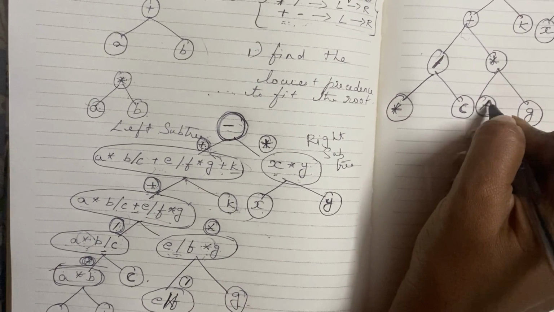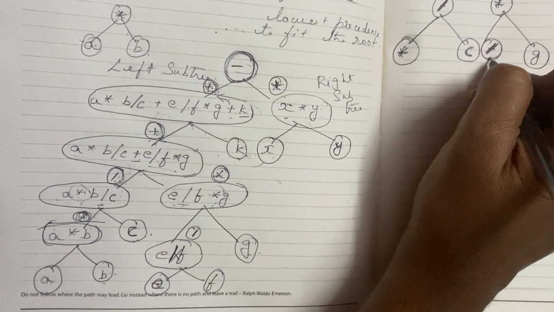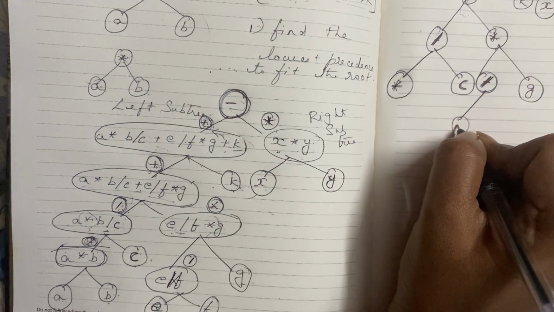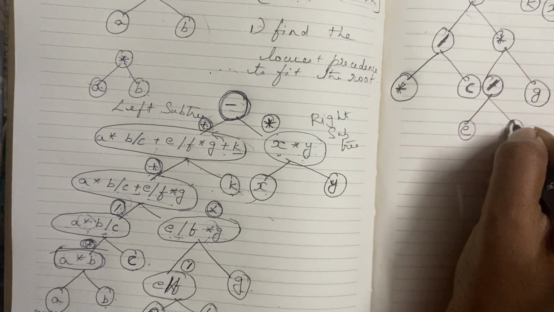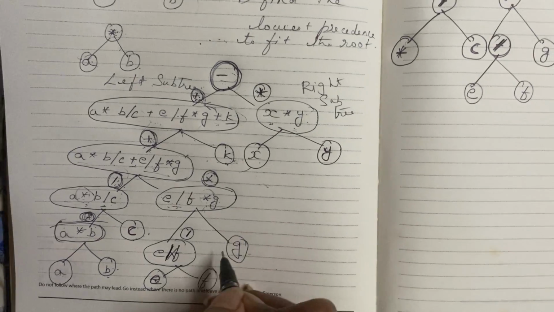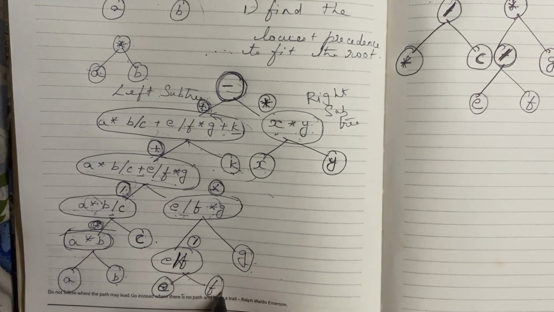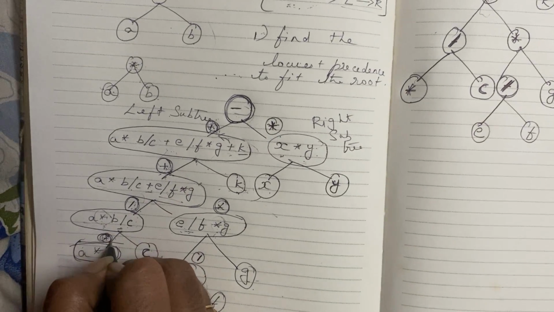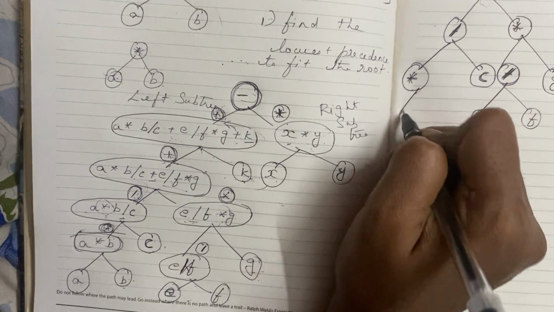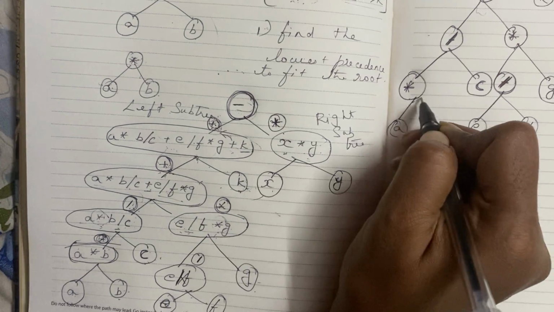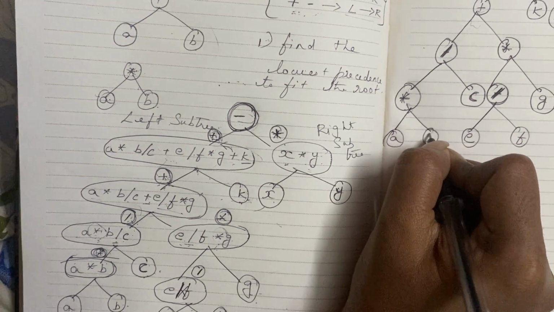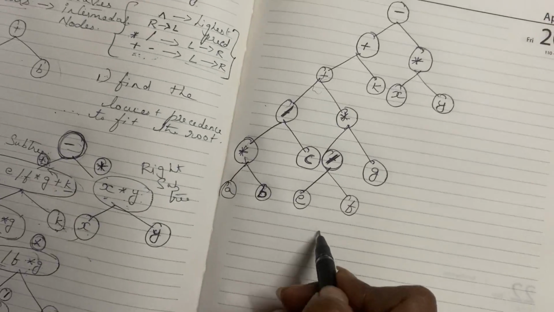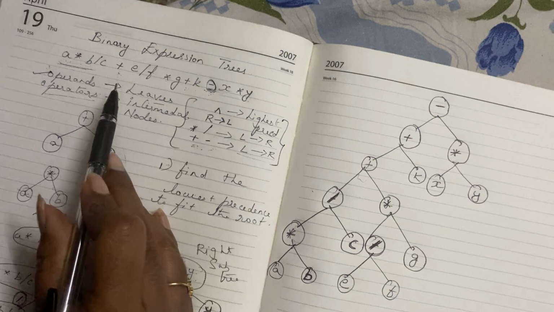You have a division symbol, you have e and f. So you have a multiplication here. Next you have a, and towards this you have the b. So this is an expression tree for this particular equation.